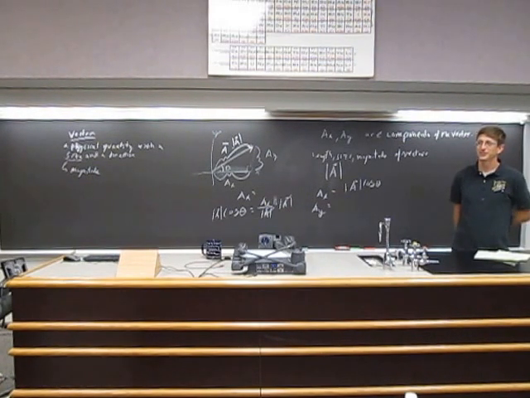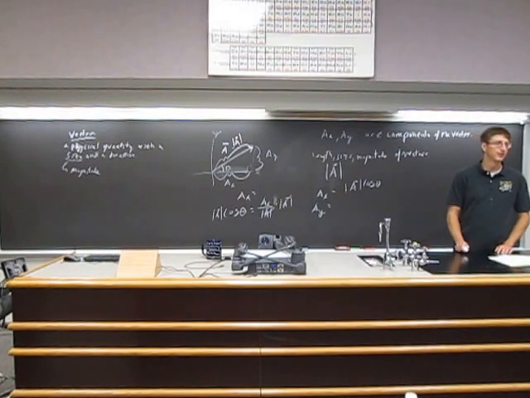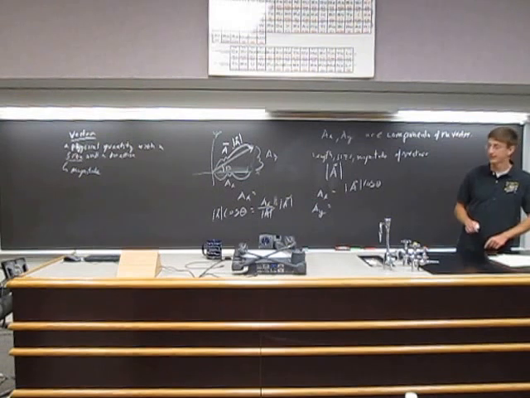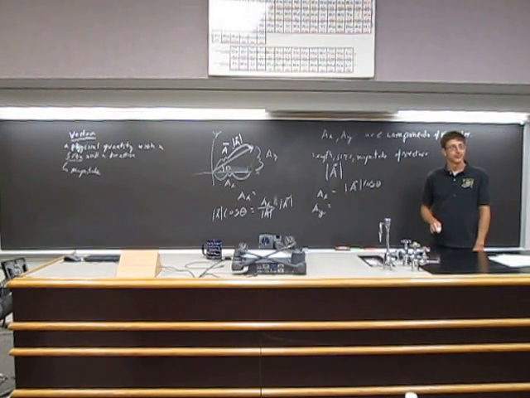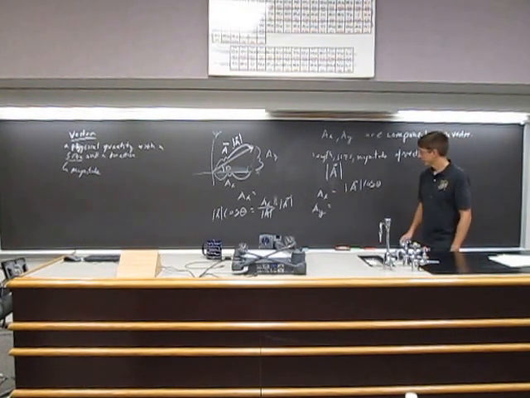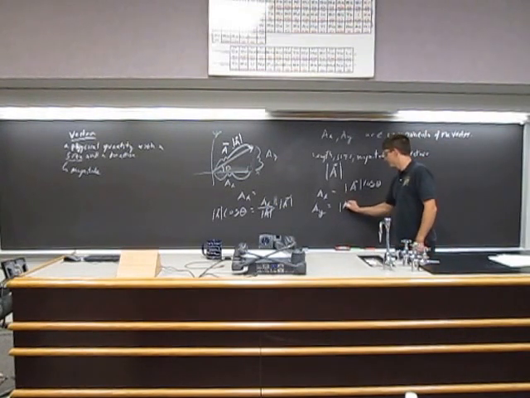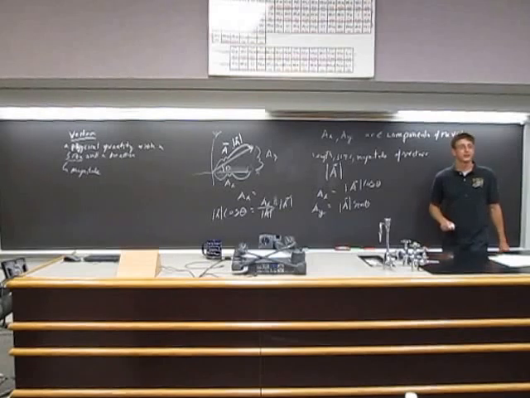You lost? You got it? What do you get? It should be A sub y equals the magnitude of A sine of the angle. Good. Let's see where that comes from.